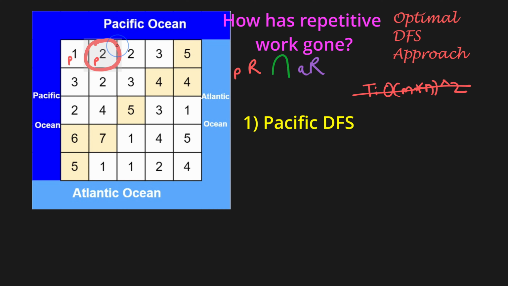Now from here, say we go further east and visit this cell, as ocean water can also flow uphill to equal height cells, and then we go further east following the uphill rule, visiting the cell with height 3 and go further east to this cell and visit it as well.